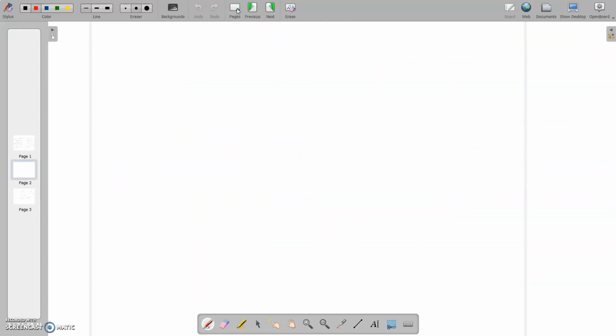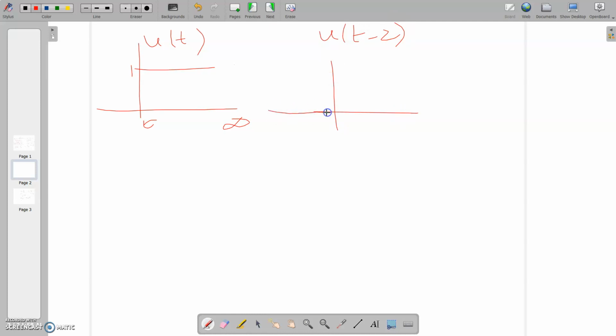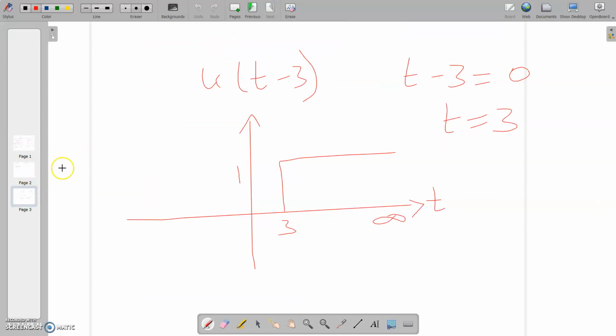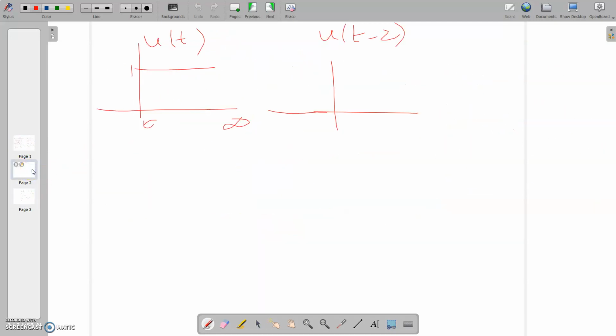signals properly. So, I have u of t, where from 0 to infinity the value is 1, and then u of t plus 2, where it is from minus 2 to infinity, the amplitude is 1, and then what is my third signal?